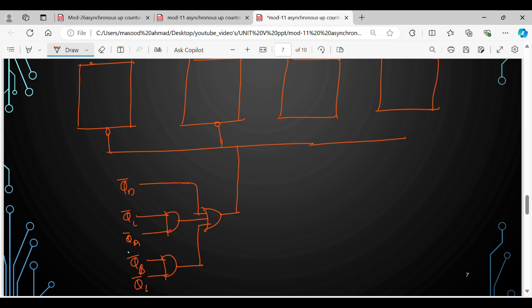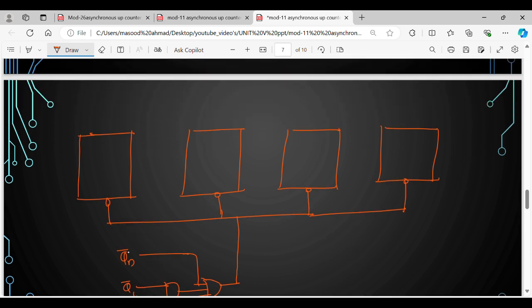So what is going to happen is, this not only makes the output equal to 0 for 1011, anything greater than 1011, I will make the output equal to 0. Now this is your flip-flop. This output is given to the input of the next flip-flop. Output of this is given to the next flip-flop.